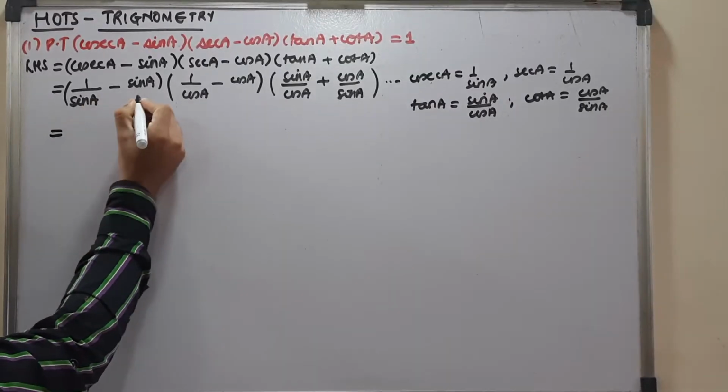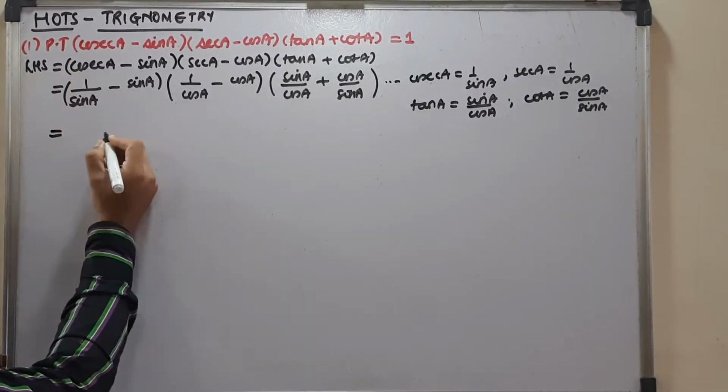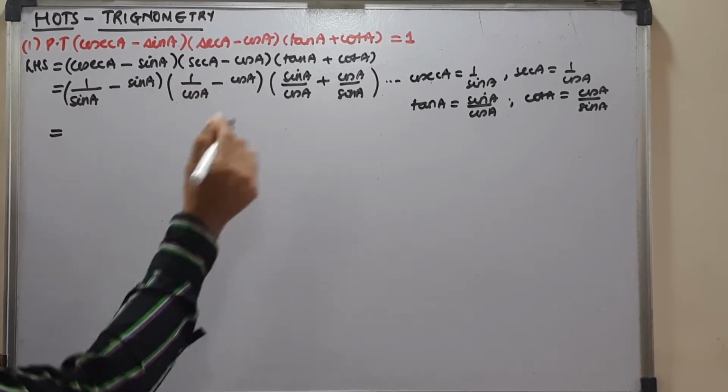Here the denominator is sin A, and here it is 1. So let me cross multiply to make the denominator the same, that is, I am taking the LCM.